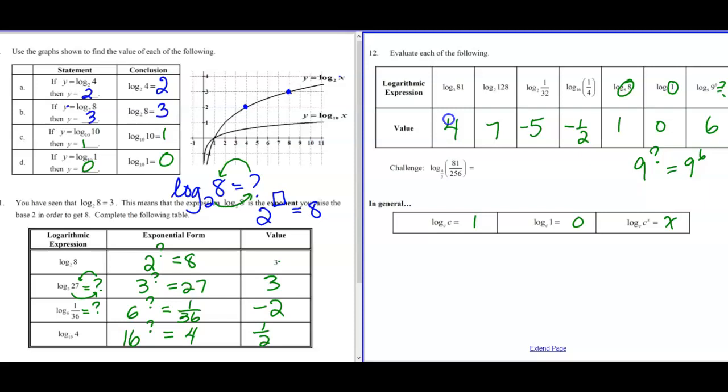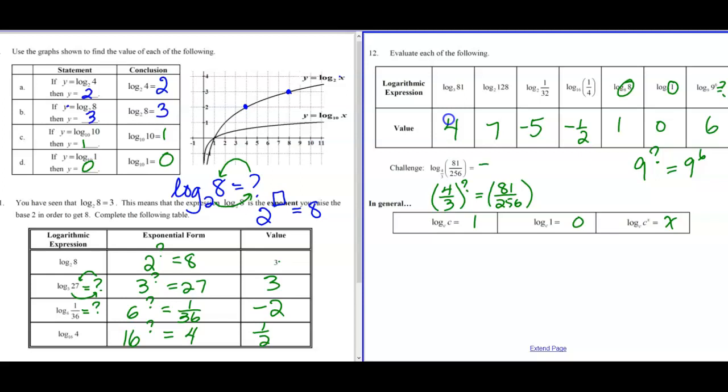Oh, I missed this one, sorry. This one here, so you're thinking 4/3 to the something equals 81 over 256. Well, first of all, I can't raise 4 to something to get 81. But I can raise 4 to something to get 256 and 3 to something to get 81.